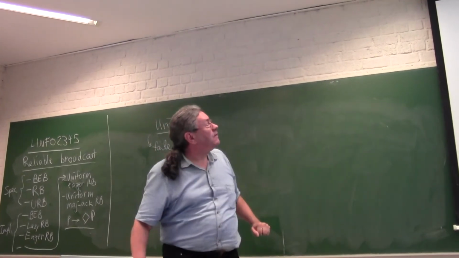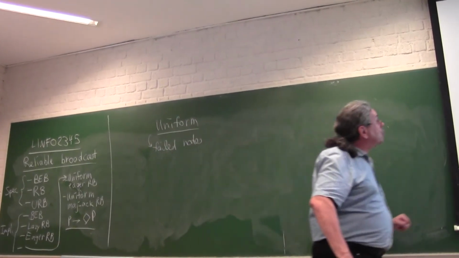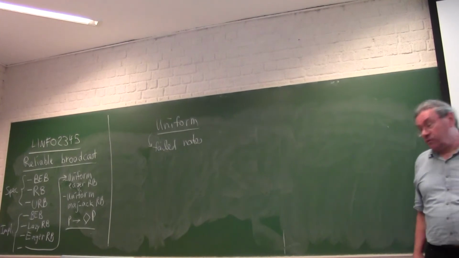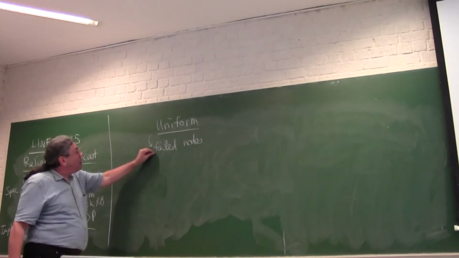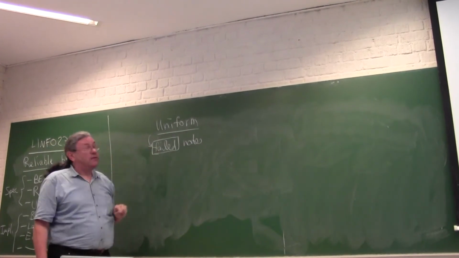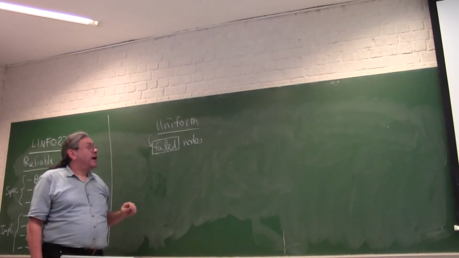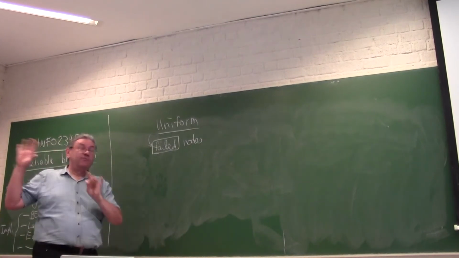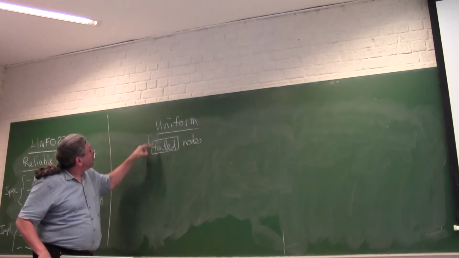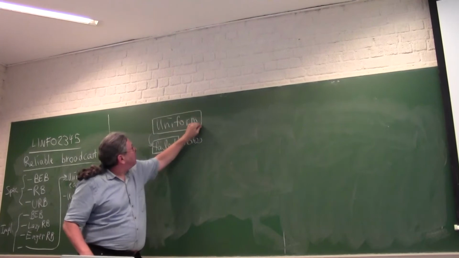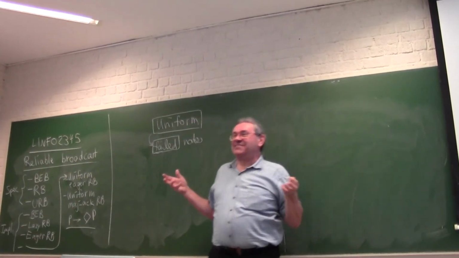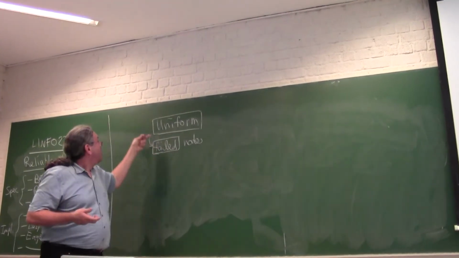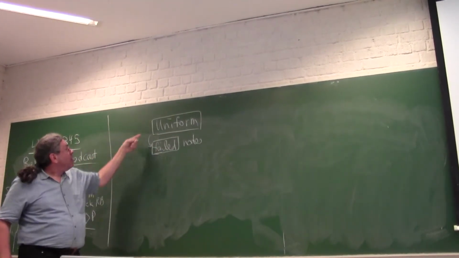So the next point is we're going to make reliable broadcast even stronger. We're going to say something also about failed nodes. I'm going to try to give you a lot of intuition on this. First of all, why is it called uniform? Well, again, it's a leftover adjective from the 1990s, but here it's kind of intuitive.